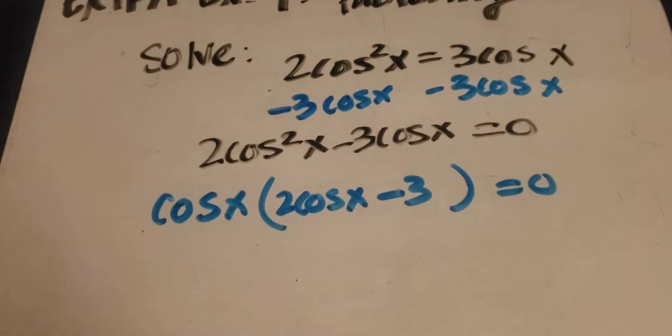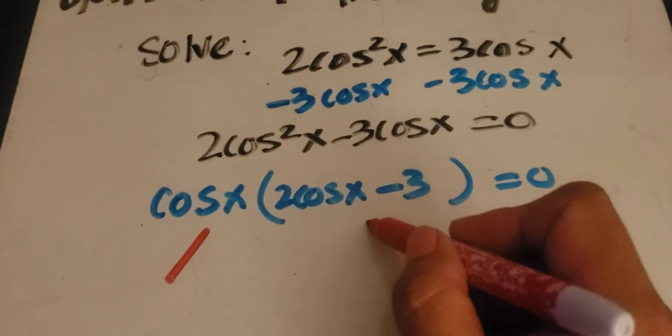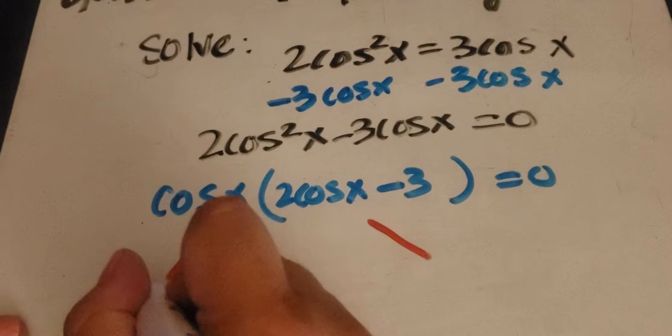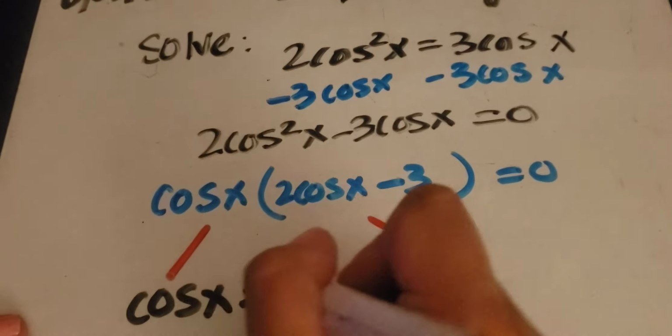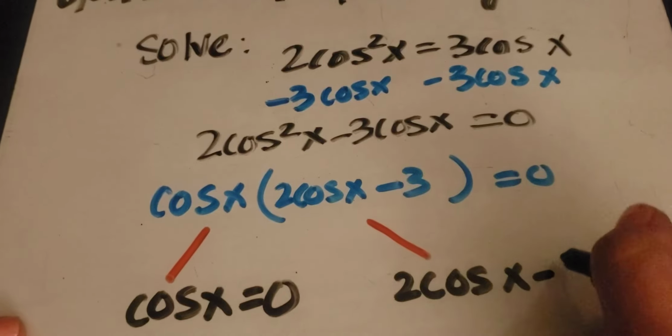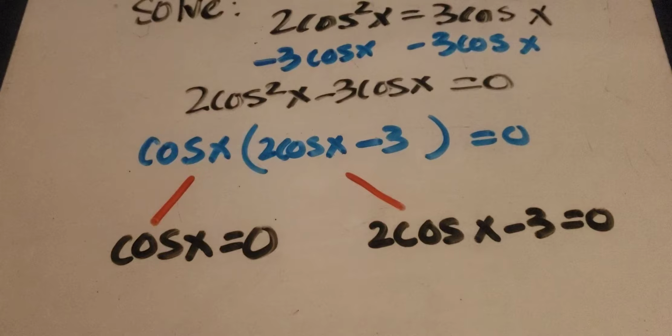So what it'll look like is cosine of x equals 0 and 2 cosine of x minus 3 equals 0. Okay, again, zero product property.